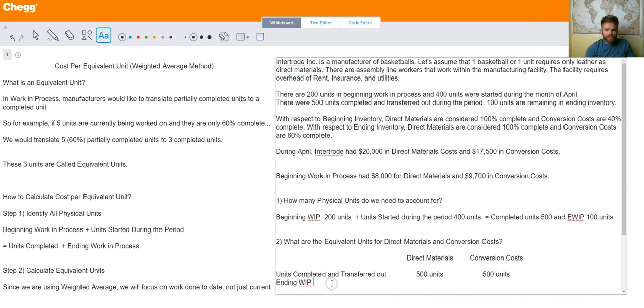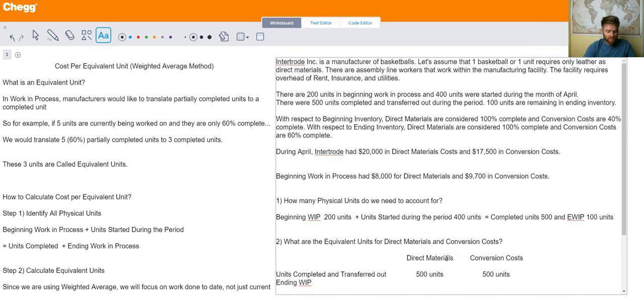Now, ending work in process is a little bit different. So for ending work in process, it looks like there's 100 units total. That's total units. Now, for equivalent units, it's a little different. It says that direct materials are considered 100% complete.